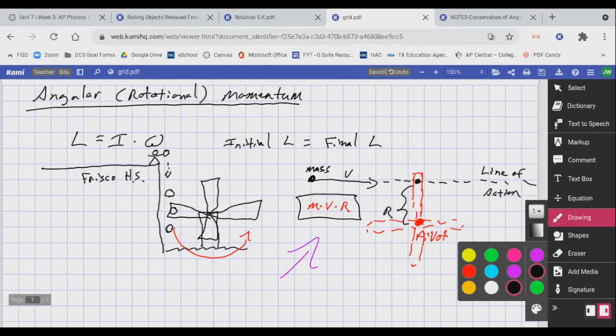So here, what I would say is my initial angular momentum is simply mass times initial velocity times the radius, mv naught r. My final momentum is still rotational inertia times angular velocity plus m final velocity r.